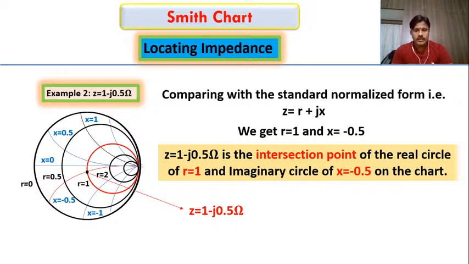Students, remember, in order to understand clearly, we have considered only 1, 2, 3, 4, 5 real circles and 1, 2, 3, 4 imaginary incomplete circles above the top, and 1, 2, 3, 4 imaginary circles at the bottom side for the negative values, right?